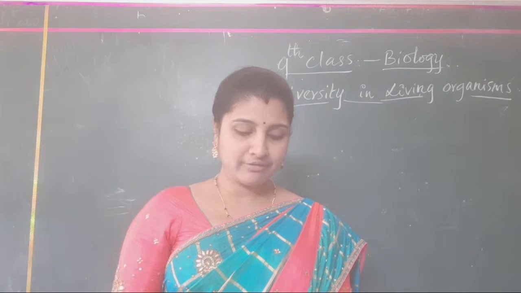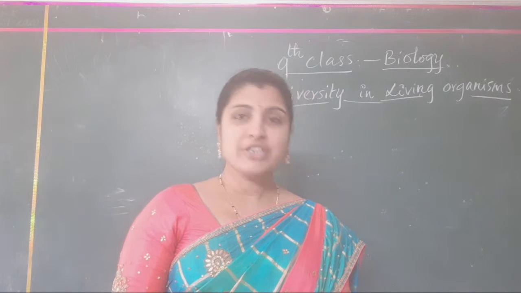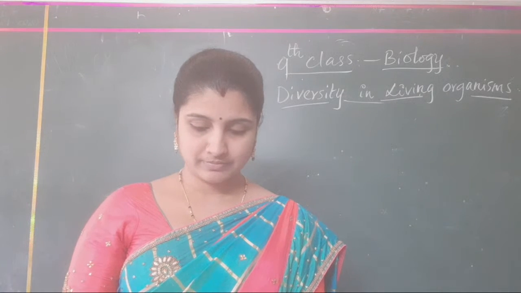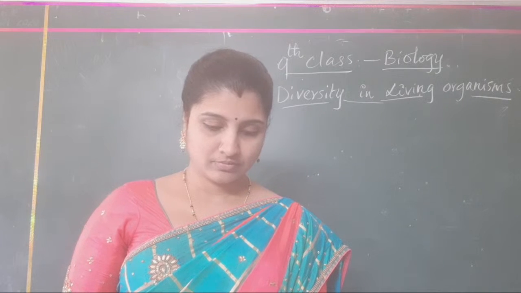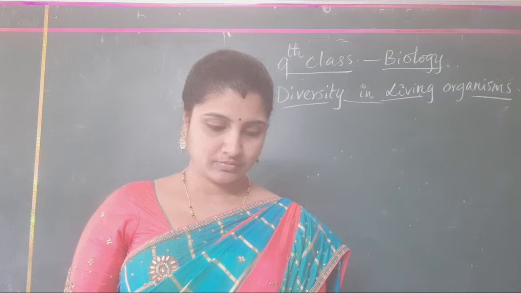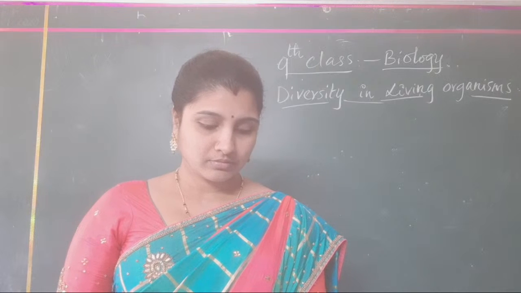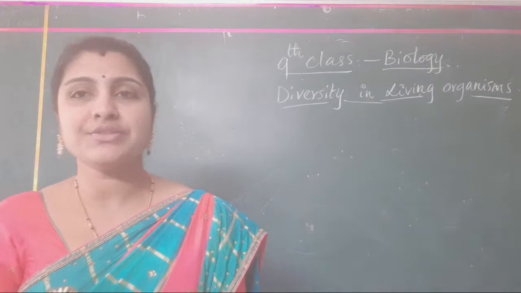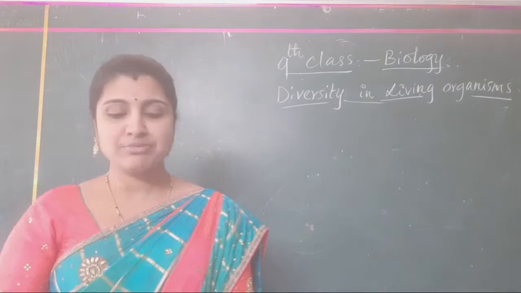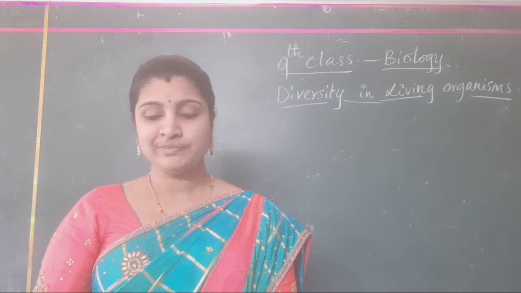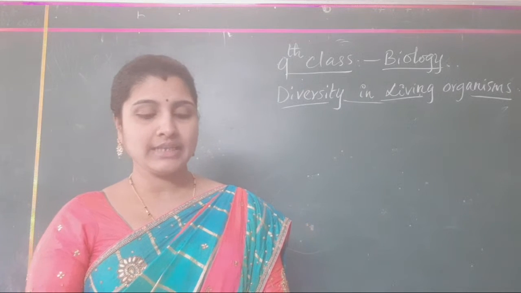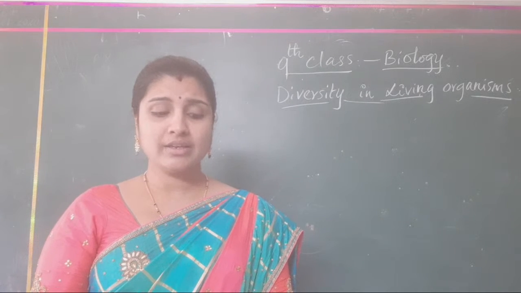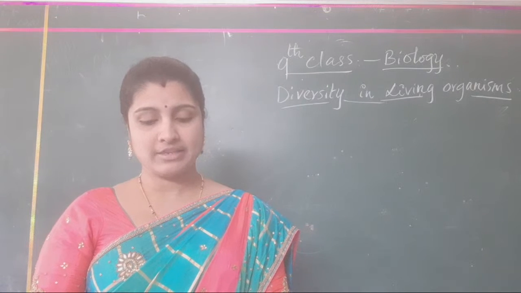So activity 4, page number 53 students. Observation of different characters in monocot and dicot plants. Collect the plants or pictures of the whole plant to complete the following table. You can take the help of annexure to this chapter as well.